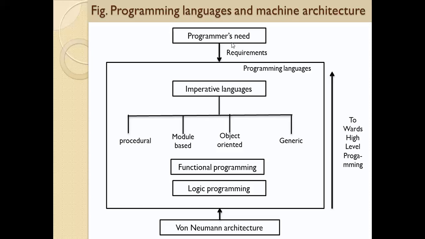Whatever the user requirement is, it is solved by using a programming language, that is, the high level programming languages like C, C++, Java. These languages come under different categories: procedural, module based programming languages, object oriented programming languages, and generic programming languages.